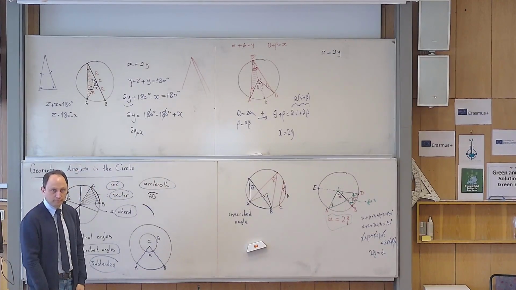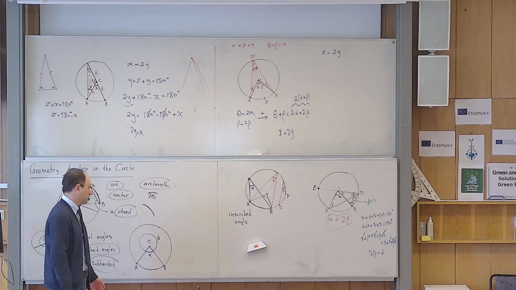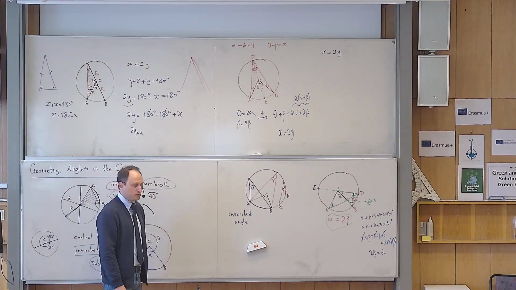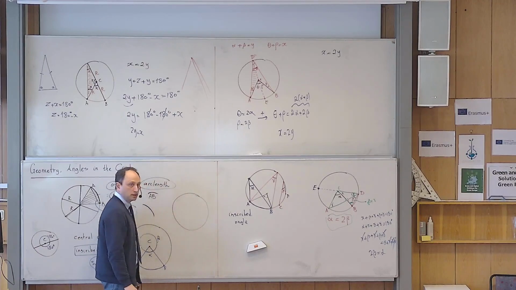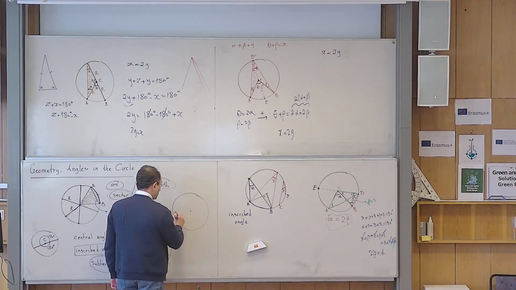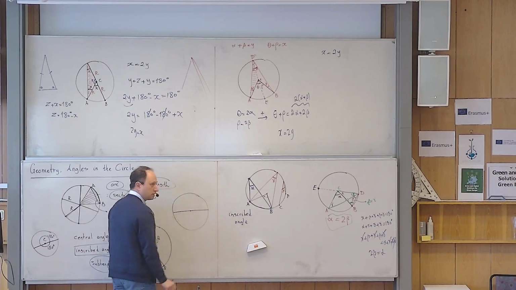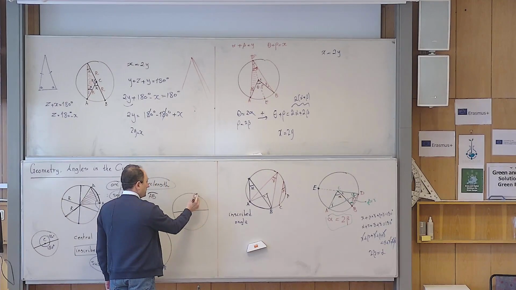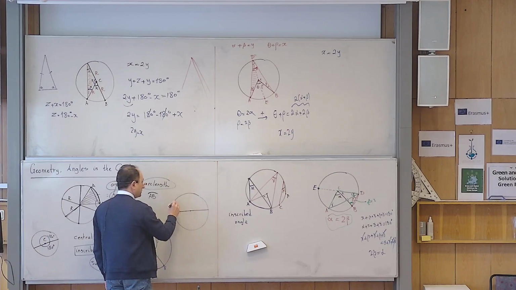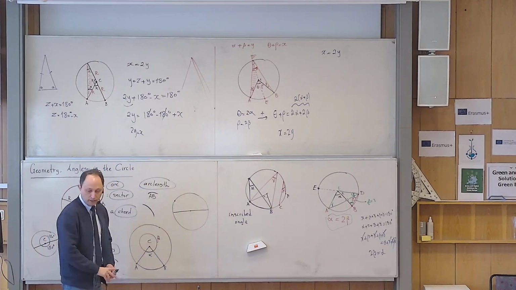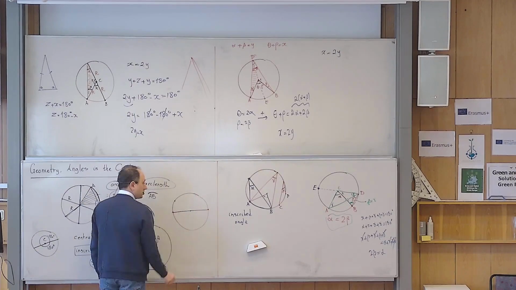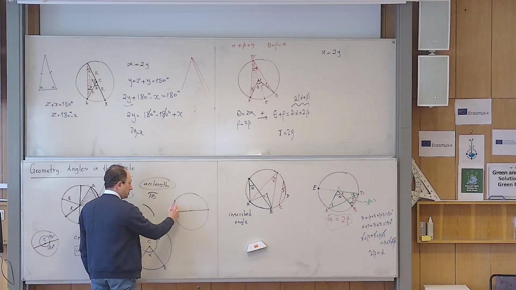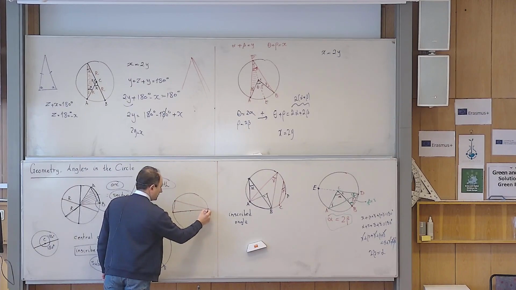Is that clear? Yes or no? Okay. So let me ask you one question to see if you understood it correctly. I draw a circle here for you. And then I draw a diameter, any diameter that you like. And then I pick a completely random point on the circle. And then I take these points of the diameter and connect them here.